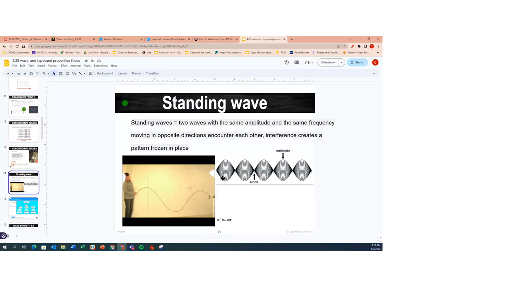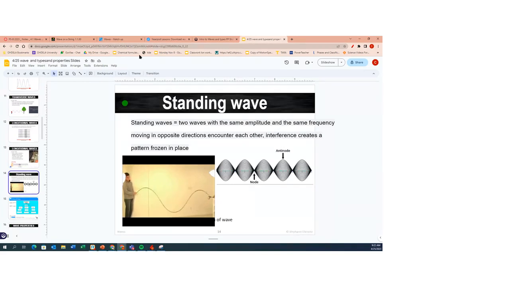If we took a stop picture of them, they would look like they were on top of each other. Two waves with the same amplitude, which means how high it is and how much energy it has, and the same frequency, which means how fast it's moving per second.